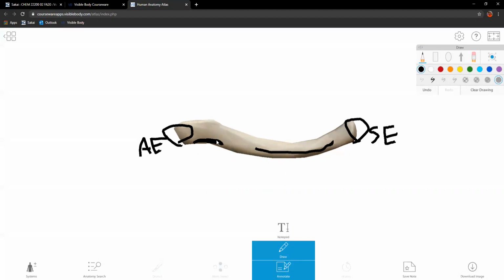And so on this side, you can really see that bump of the conoid tubercle right there, really poking out. So again, this would be our conoid tubercle, just looking at things from an inferior angle instead of a superior angle.